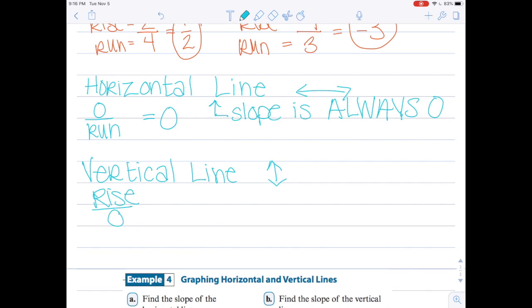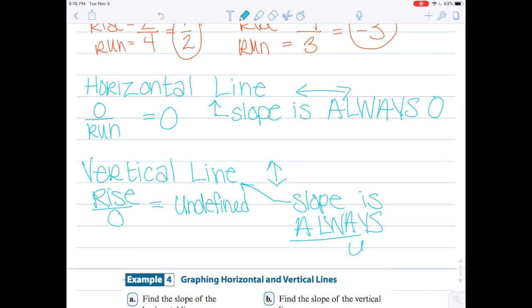So there's really not an answer to this. The word we use is undefined. So the slope of a vertical line is always undefined.